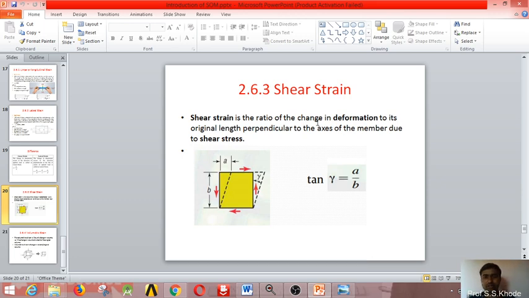So it is the ratio of change in deformation to the original length perpendicular to the axis of the member due to the shear stress. It is generally denoted by the letter gamma, that is tan gamma is equal to A by B, where A is the change in deformation and B is its perpendicular length.